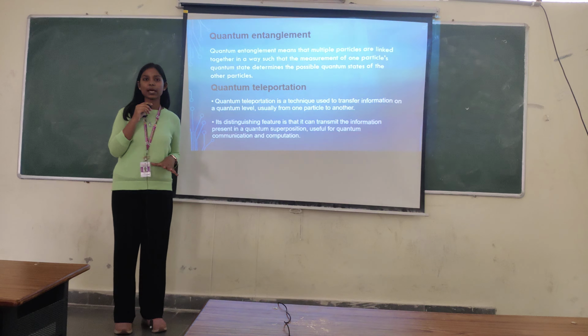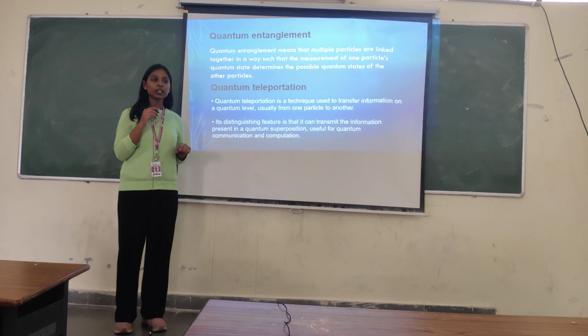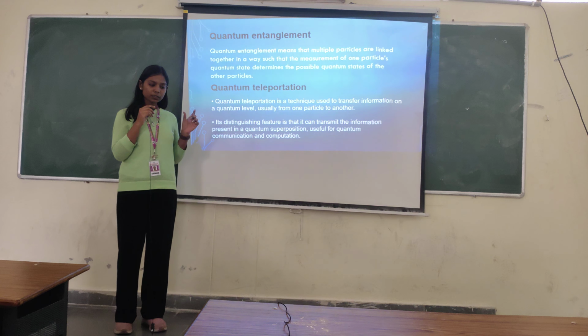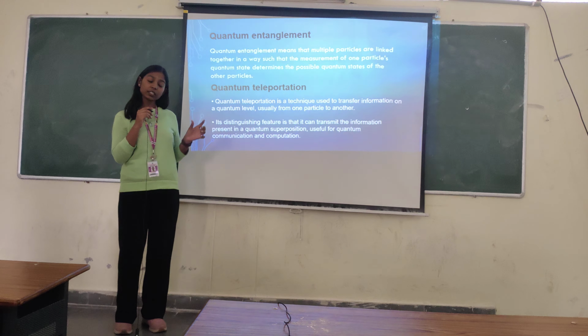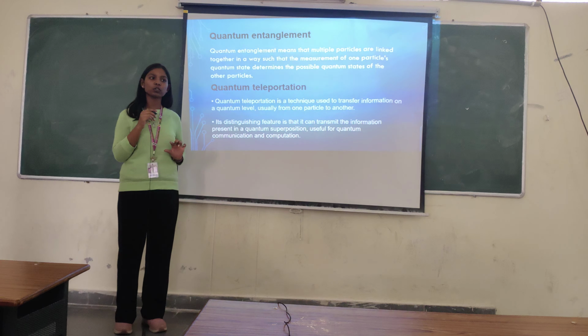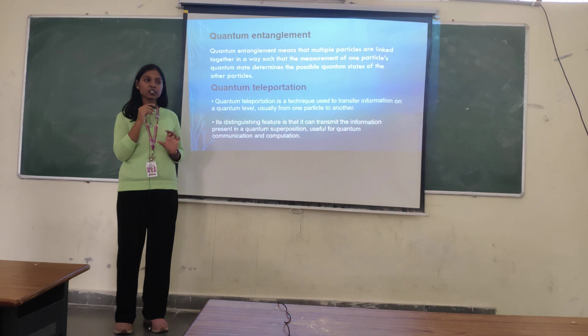Let me give you an example. When you toss a coin in the general world, it either lands on heads or tails. But in the quantum world, the coin will give heads and tails both. This strange state is called superposition.